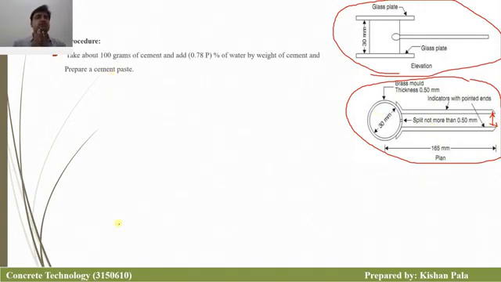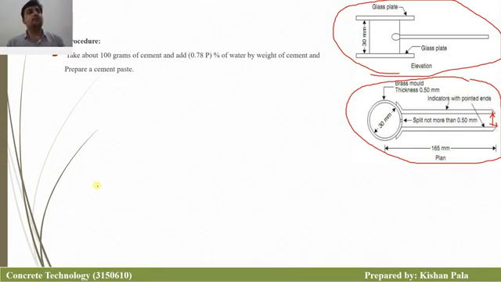The procedure starts from taking the cement mass of 100 gram, and then you have to add the water mass. Before adding the water, you should know the standard consistency of the cement.